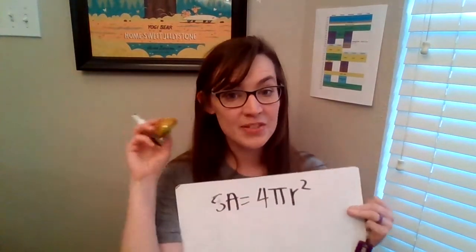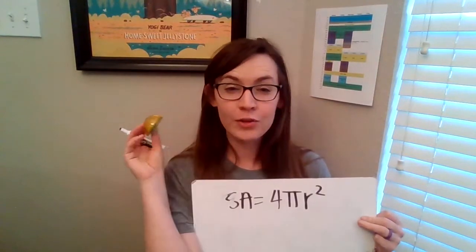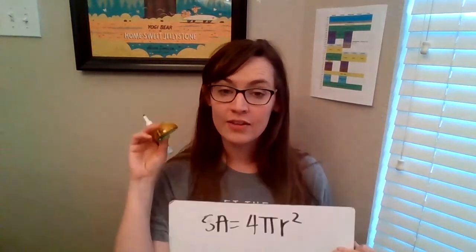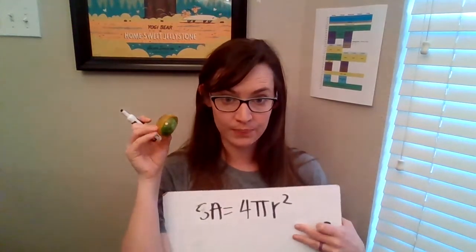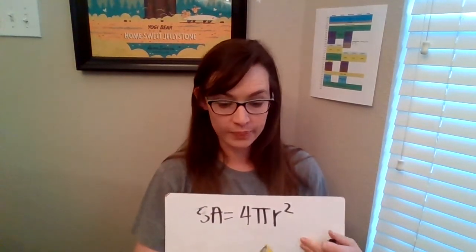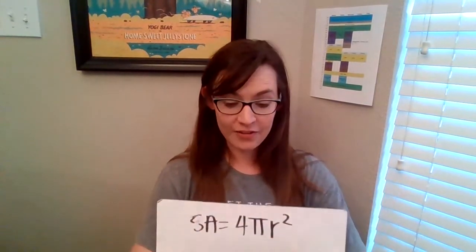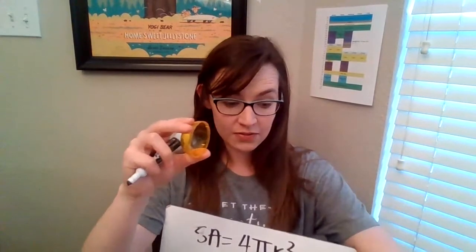Now, hemispheres are a little bit trickier than you might think. What do you think would be the surface area of a hemisphere compared to that of a sphere? So, if we were looking at just this part of the sphere, that would be 2 pi r squared. But hemispheres now have a base that a sphere did not have initially.